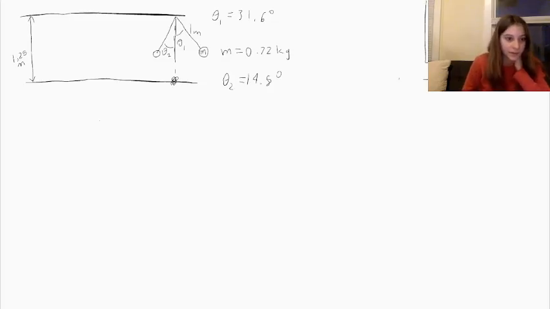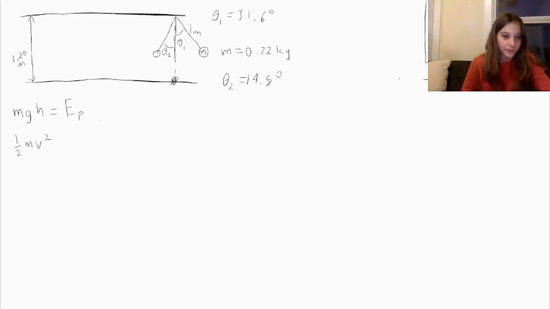So it's going to go from having just gravitational potential energy, which we model as m times g times h. This is specifically gravitational potential energy, but I'm just going to say EP for potential energy. And then we have our kinetic energy, which is modeled as half mv squared.